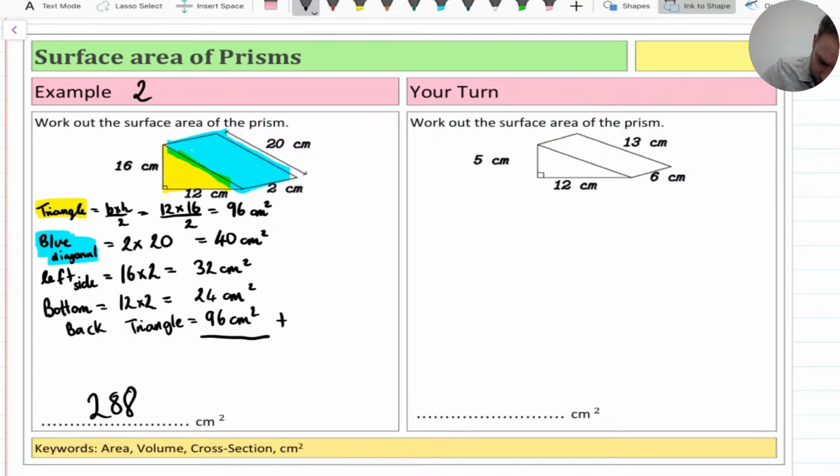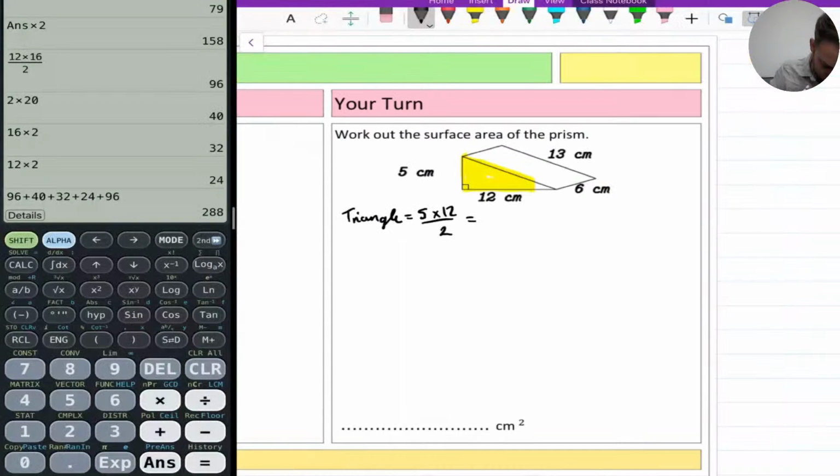So we've got the front, which I'll highlight. So the front triangle is equal to 5 times 12 divided by 2.